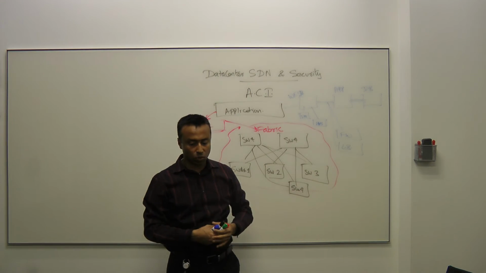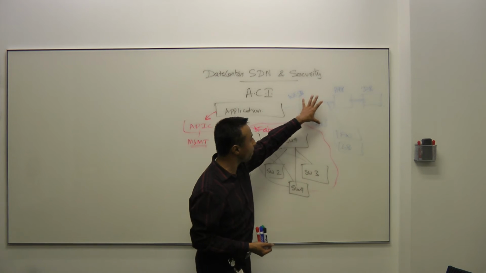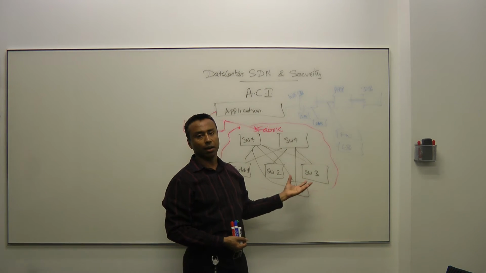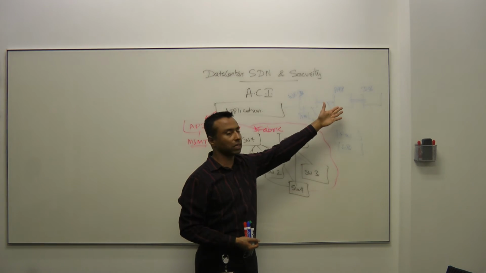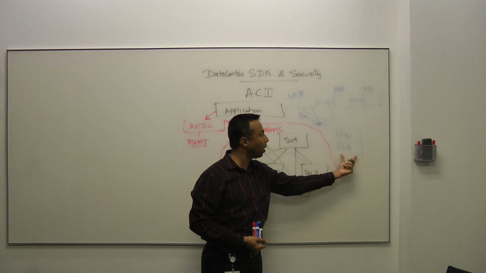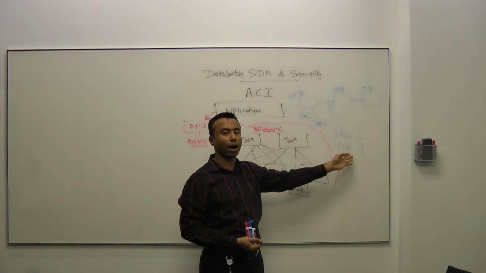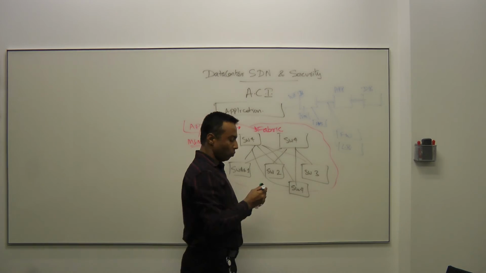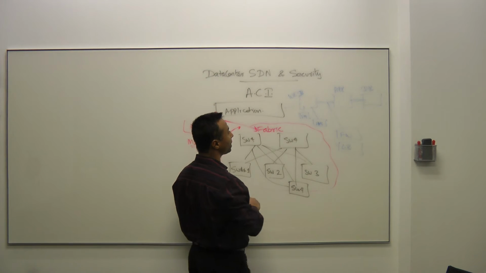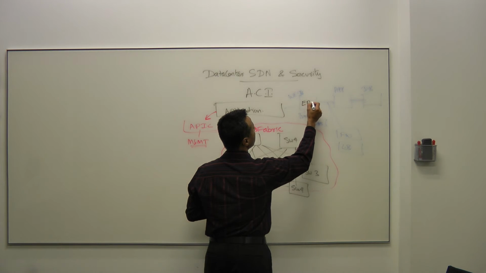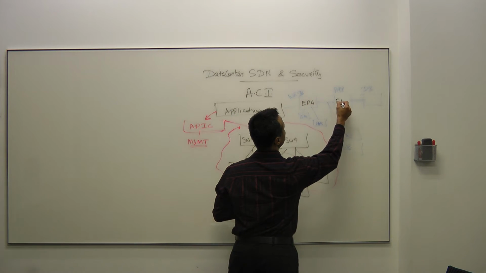But what we did was we said, okay, this is how an application looks. The network has to provide connectivity, and there are policies that firewalls and load balancers provide. How do we automate all that? What we ended up doing was we created these tiers into what we called endpoint groups, or EPGs.